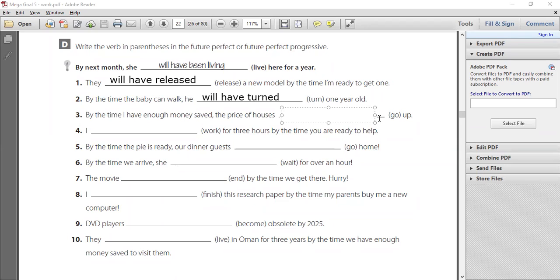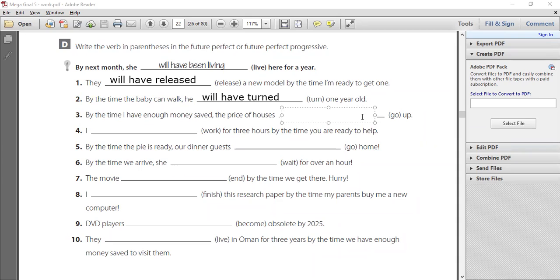Okay, yes, Jude. Number 3, right? What do you think?